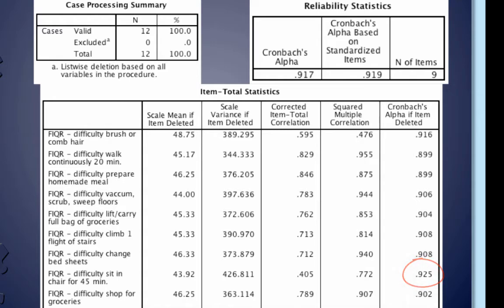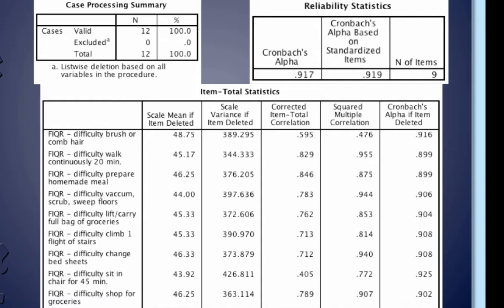So, knowing this, among these 12 individuals, instead of them having to answer 9 questions for function, we could have had them answer 8 questions. And that would have been a better measure of function than if we had them answer 9 items.